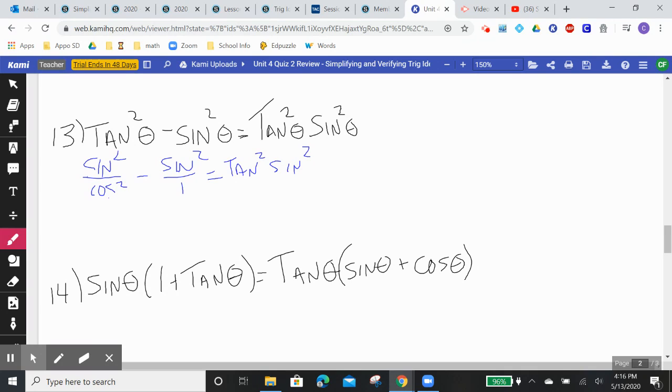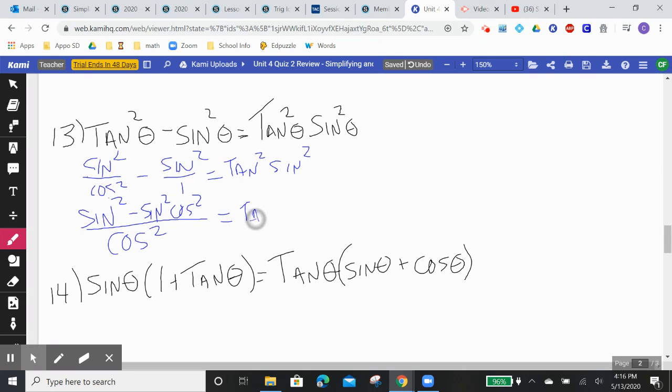So on the left-hand side, we have subtraction, so obviously we need to get a common denominator, which would be cosine squared, right? Cosine squared times 1. The denominator in the first fraction didn't change, so the numerator stays the same. So we got sine squared minus. Now I have a sine squared there, but I need a cosine squared in the denominator. So when I do this, it's going to give me sine squared cosine squared.